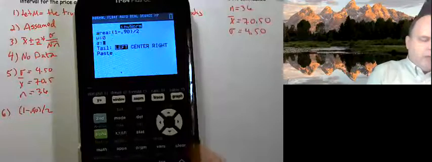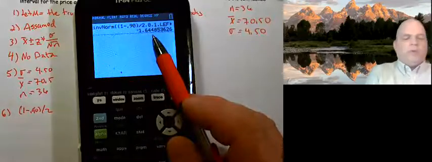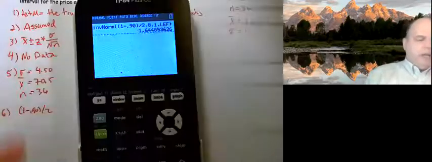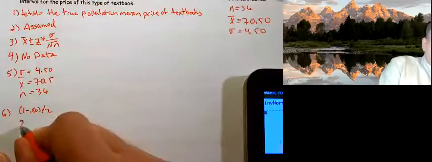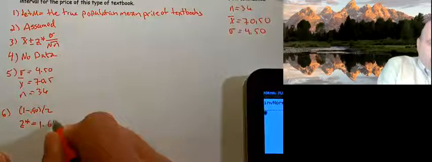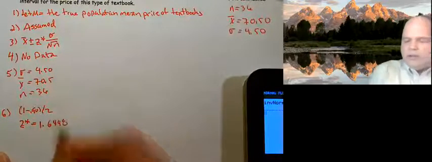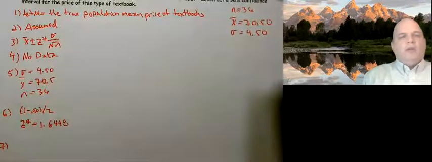All right, remember, we're making a cake. And we get negative 1.6448. But I said, use the positive value, so we're just going to make it positive. So Z star equals 1.6448. Number 7, plug in the values.